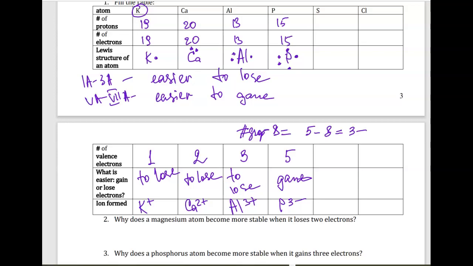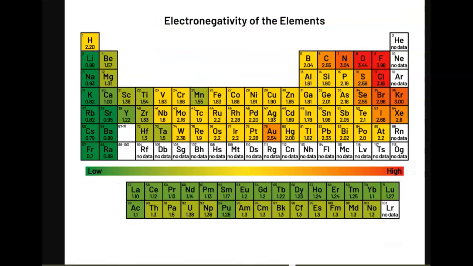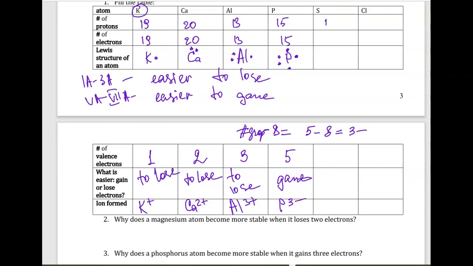Okay, sulfur. For sulfur, here is sulfur 16. It's atomic number 16, group number 6A. So 16 Lewis dot structure. 1, 2, 3, 4, 5, 6. Number of valence electrons, 6.